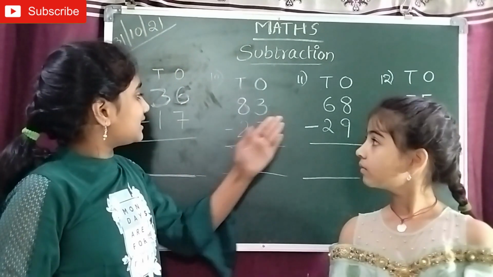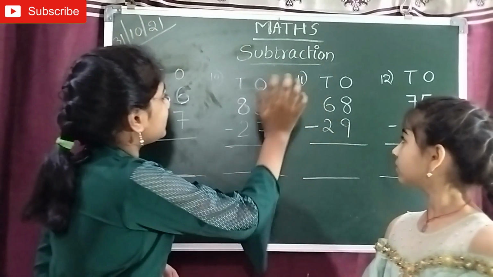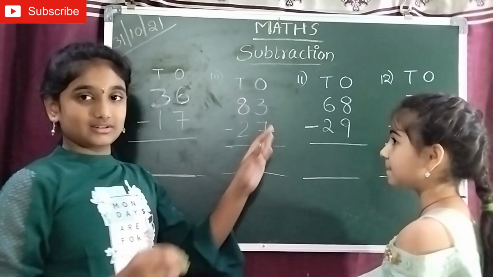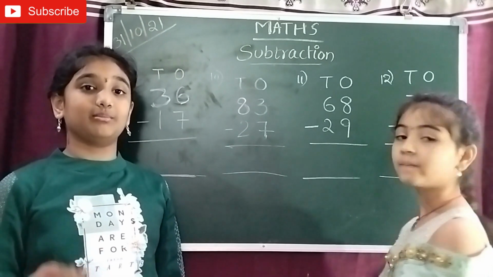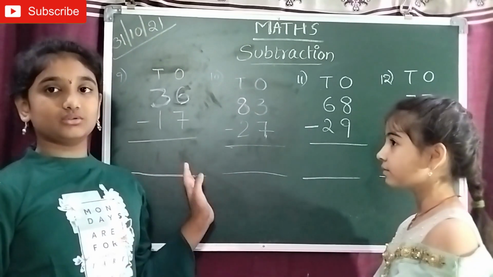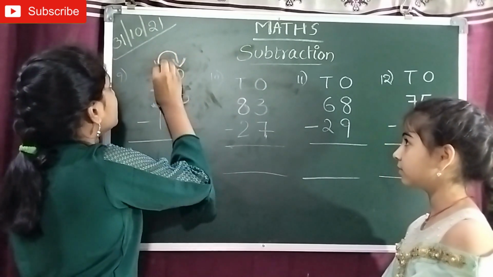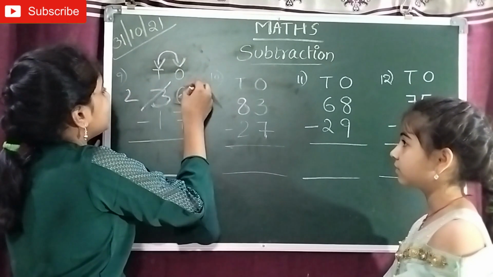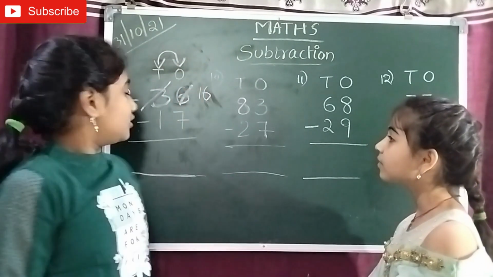And we can see in the second example also that there is 3 minus 7. We can't subtract there also because 3 is smaller than 7. So coming back to the example, we have to borrow from here to here, and the 3 becomes 2 and the 6 becomes 16.